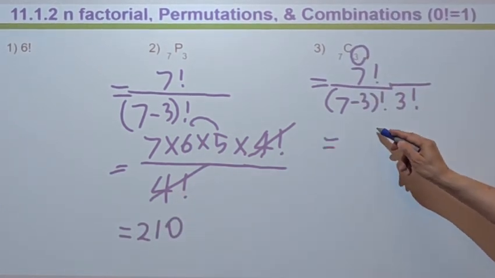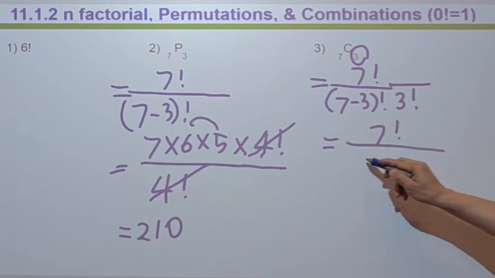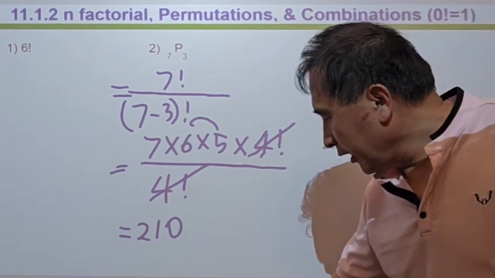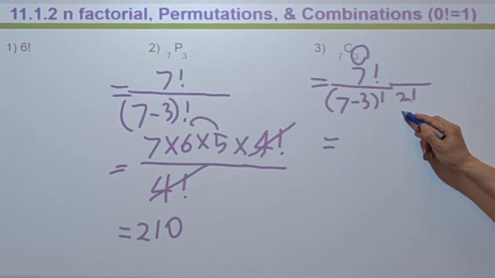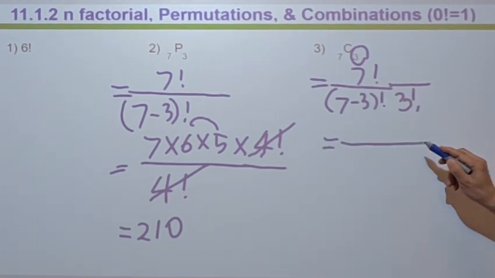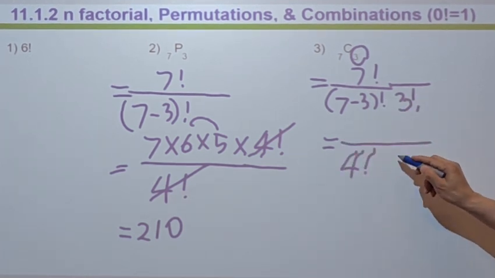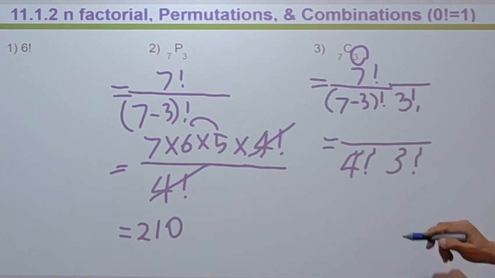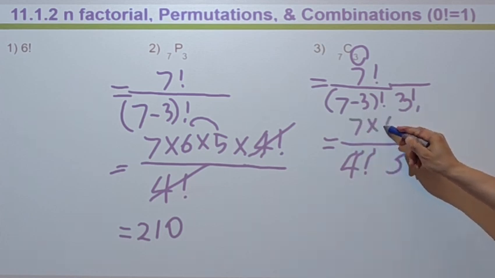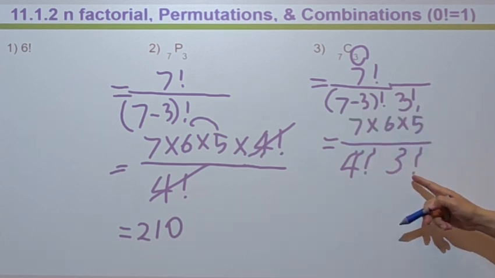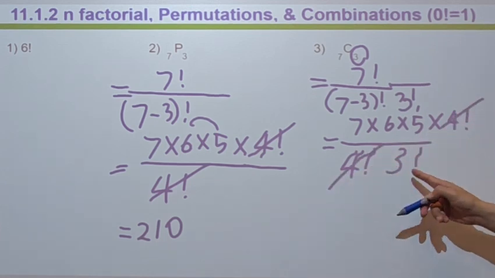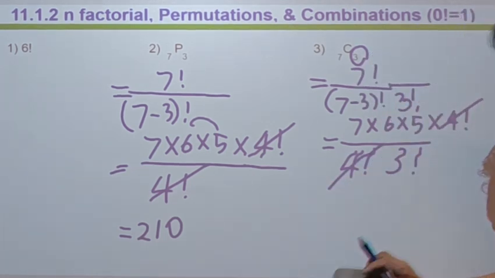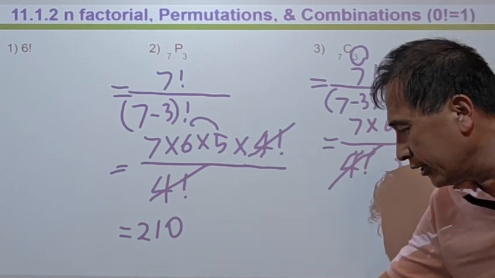But now for combination, this one is 7 factorial over 4 factorial and 3 factorial. Let's write it one more time. So 7 times 6 times 5, and 4 factorial cancels out. Then 3 factorial is 3 times 2 times 1.